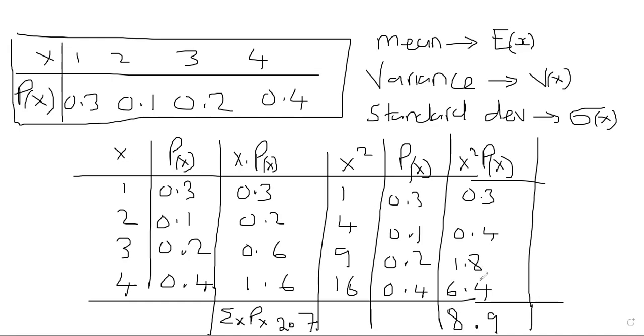So this total here minus the square of that total there is what we call our variance. So remember, our mean or expected value, we said it is simply summation of what? XPX, that column, which we found as 2.7.